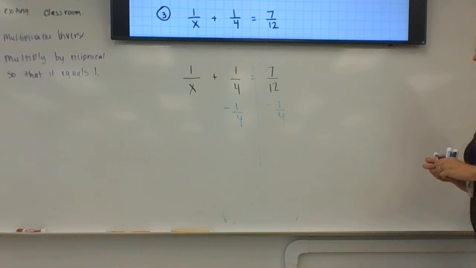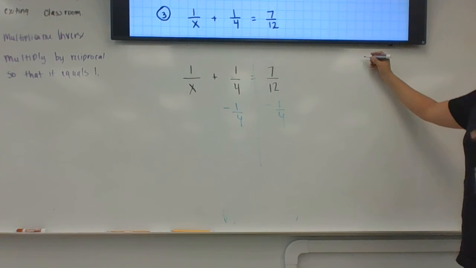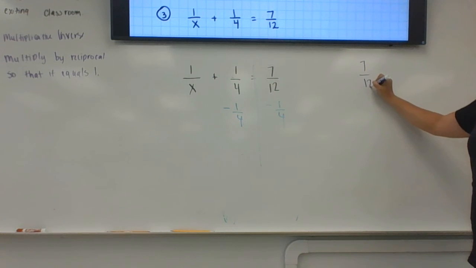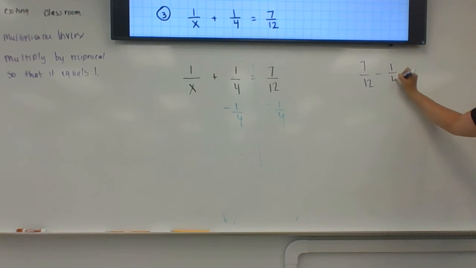So I'm just going to come to the side here and do my fraction work. How do I do 7/12 minus 1/4? Well, my common denominator will be 12. So I just have to change the second one. If I multiply the bottom by 3, that'll create my common denominator. So I'll multiply the top by 3.